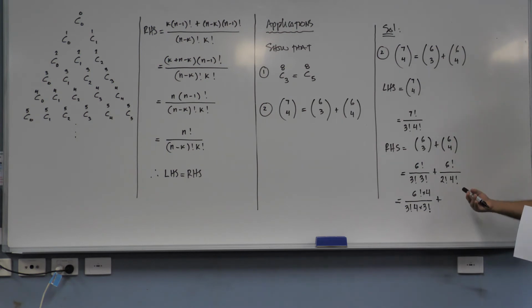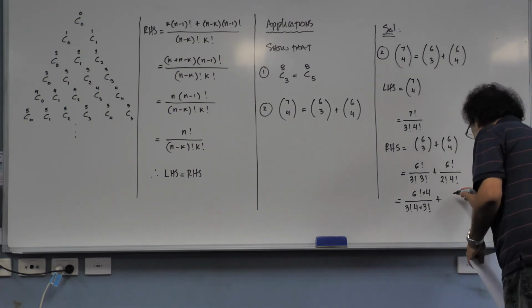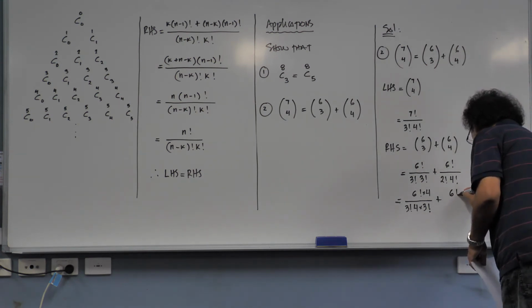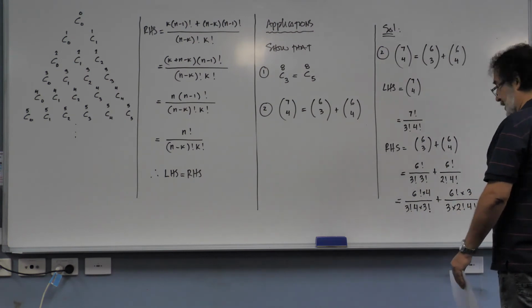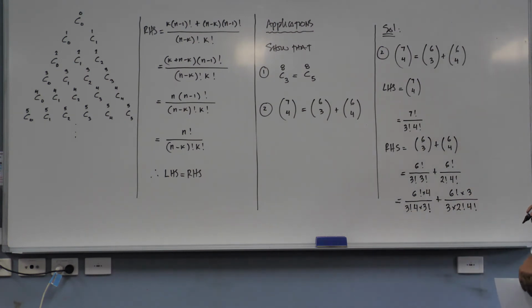So what do we need to multiply the top and the bottom by? 3. Go on, you see, you're getting smarter and smarter. And then the miracle occurred.